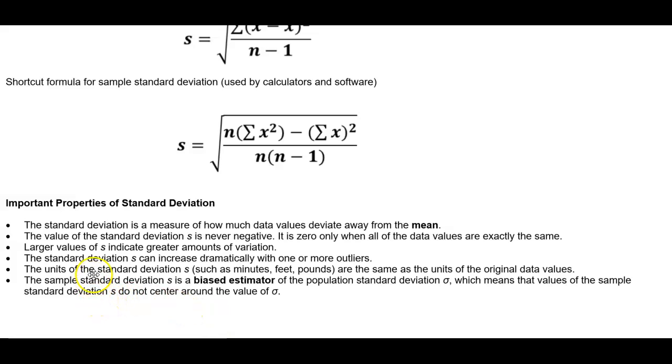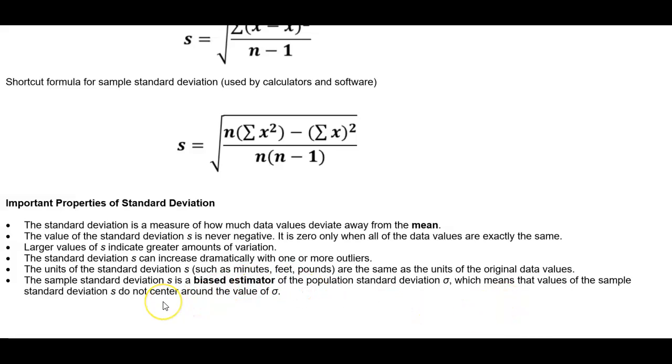Larger values of the sample standard deviation indicate greater amounts of variation. The standard deviation can increase dramatically with one or more outliers. The units of standard deviation, such as minutes, feet, pounds, are the same as the units of the original data values.